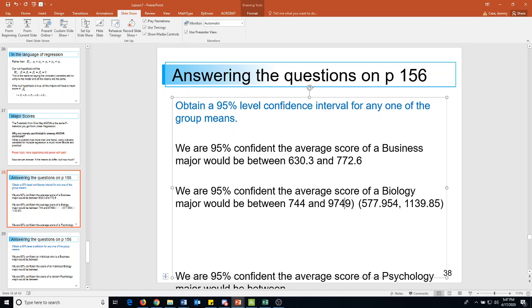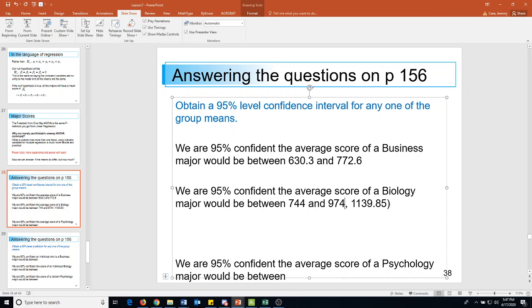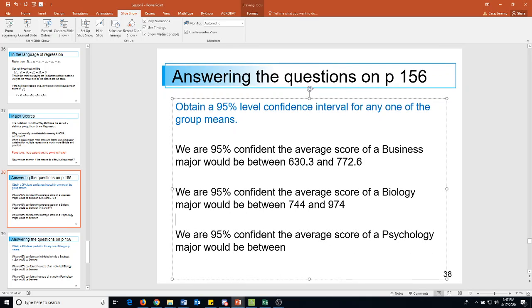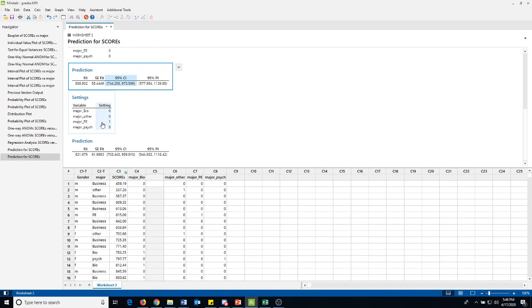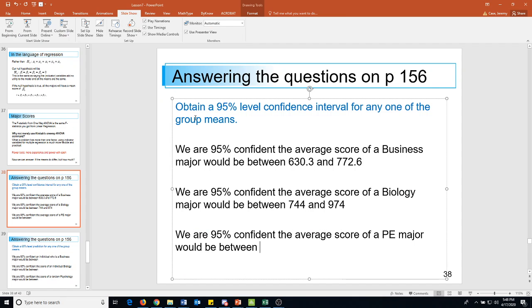And then for a PE major, it would be between, again, 0 0 1 0. Oh, I did PE. 703 and 960.